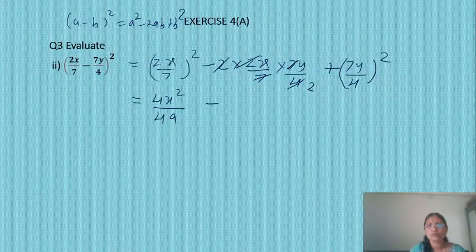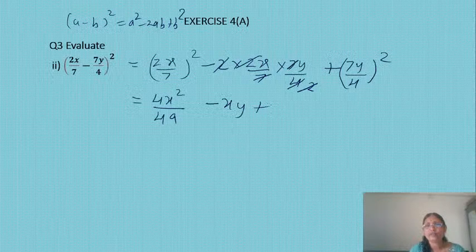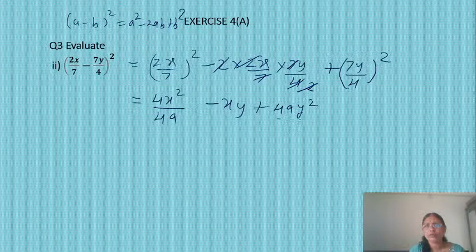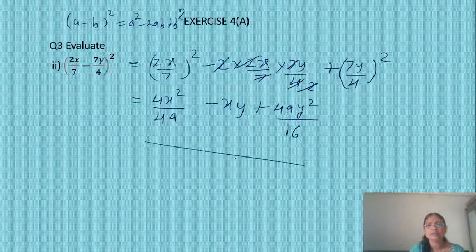Since this was multiplication, we were able to cancel; had it been addition or subtraction, we could not. So what is left in the middle term? Only x and y, so minus xy, and plus the square of 7y upon 4, which is 49y square upon 4 square, which is 16. And this is our final answer.